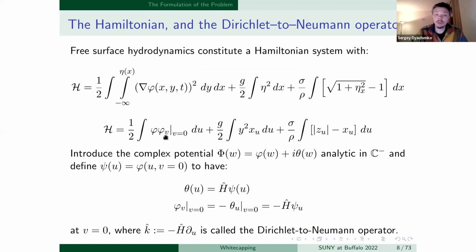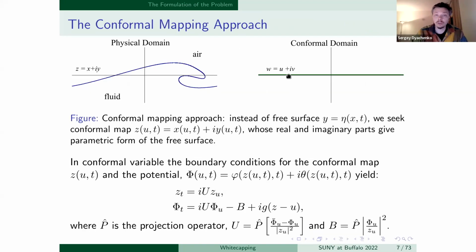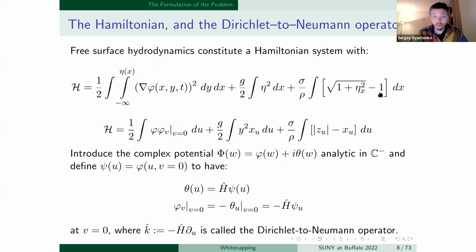This dphi by dv is the differentiation with respect to the v variable. Remember this q plus iv; v is the vertical direction. So if you have phi, the velocity potential, you take the derivative with respect to v, that's the normal derivative at the free surface.